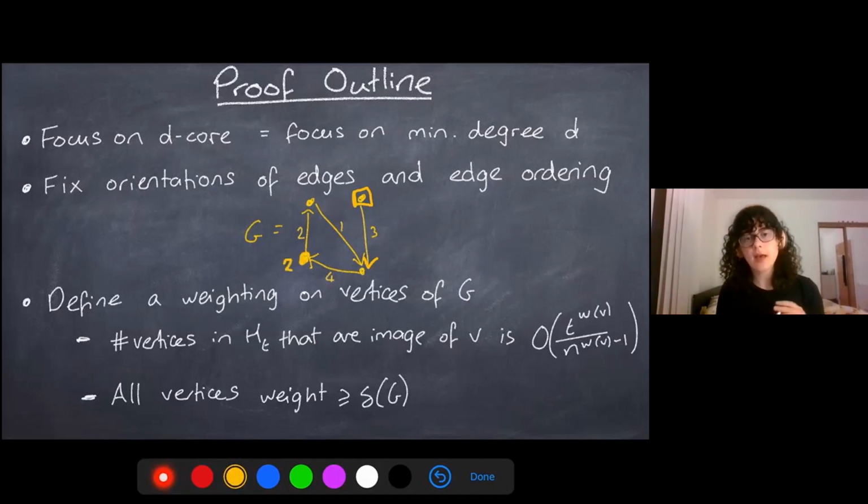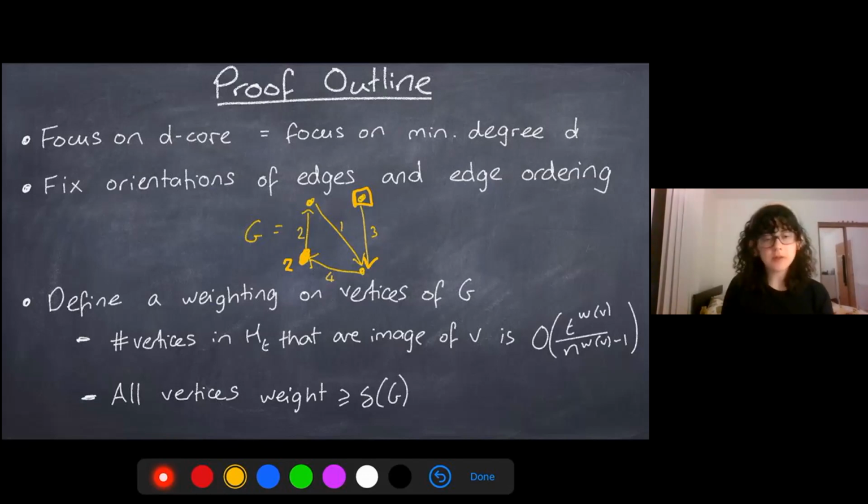That would be trying to capture something about how many copies of that particular vertex sit within a copy of G with this particular orientation and edge ordering within our semi-random graph. So in particular, we want the number of vertices in our semi-random graph that look like the image of v within a copy of G to be like t^weight over n^(weight minus 1).